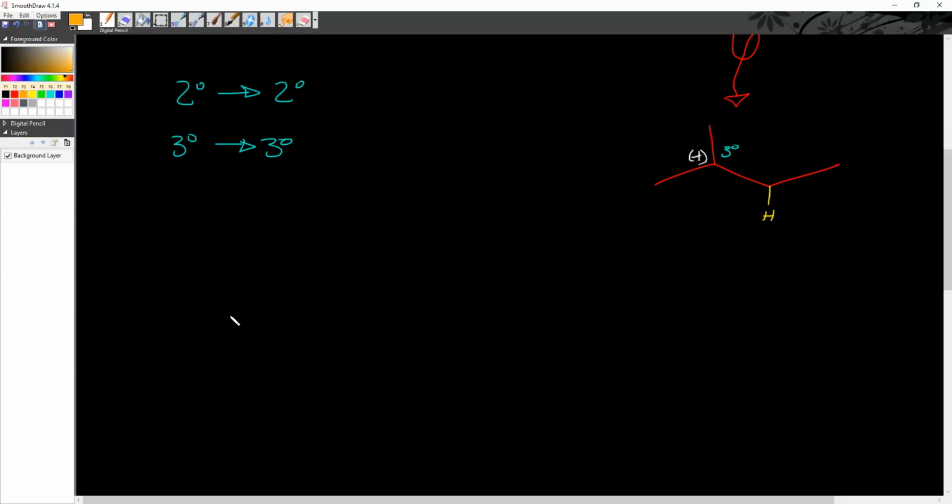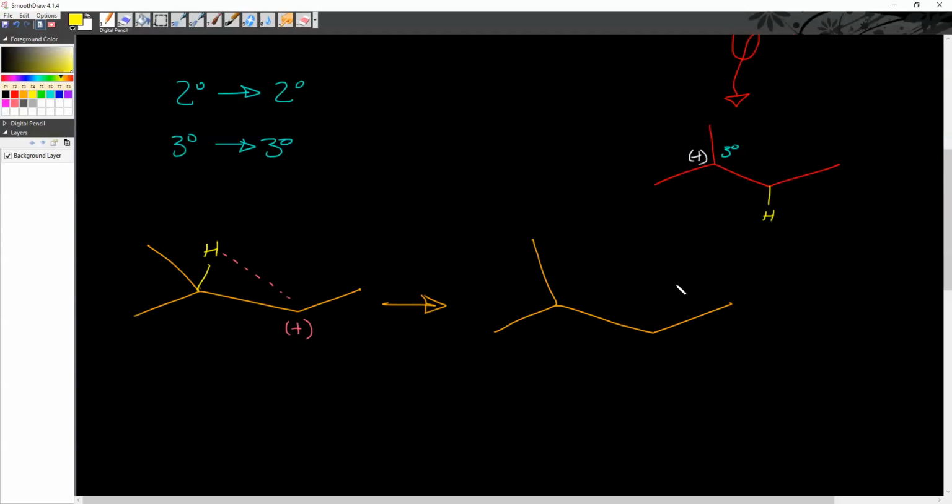So if we look at the intermediate of what's going on, I want to show you a little representation. Essentially, this is reaching out and grabbing this hydrogen, so that the hydrogen is almost straddled between the two sites.